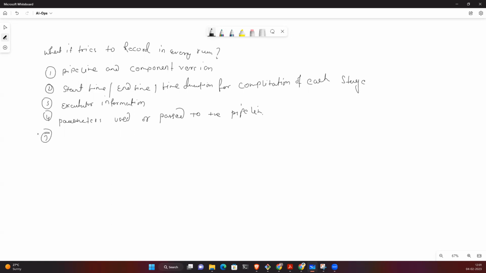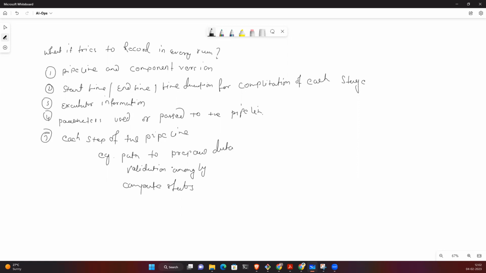Number six, each step of the pipeline, for example, path to prepare data, validation anomaly, compute stats.